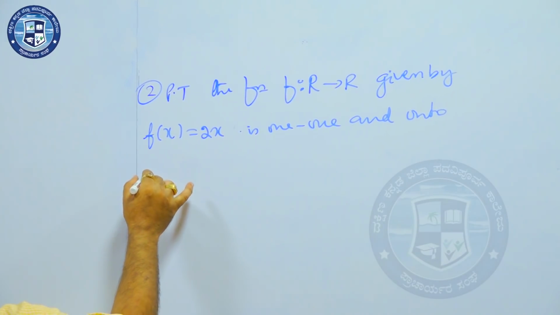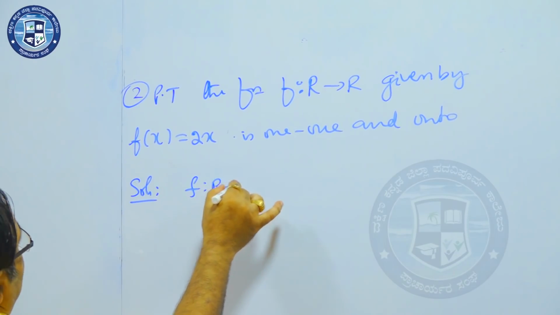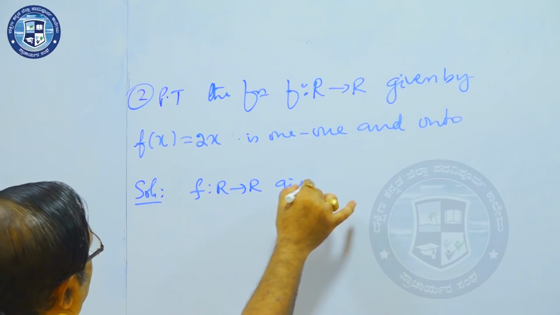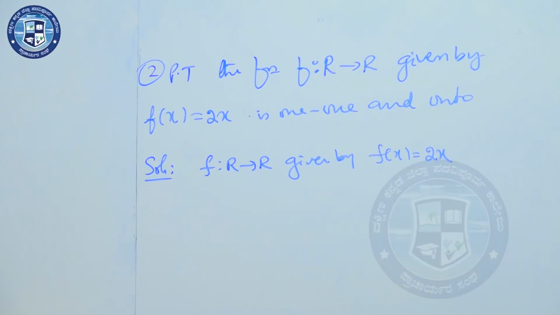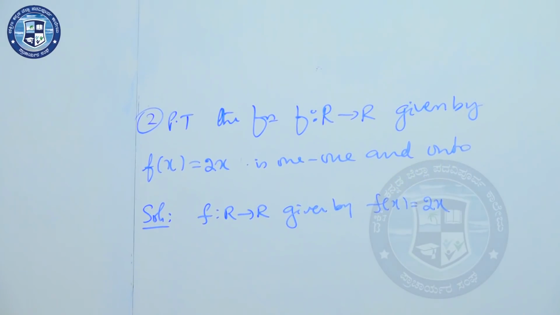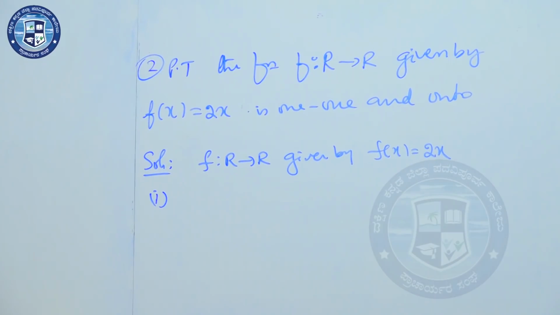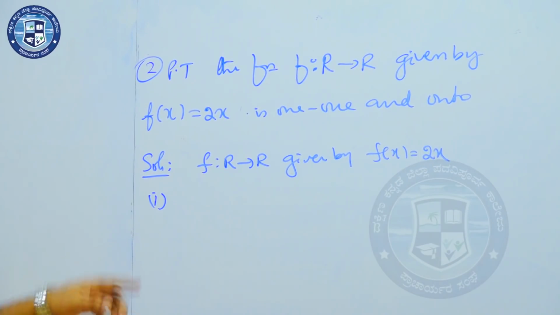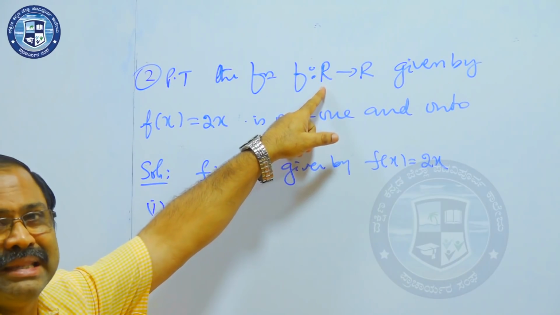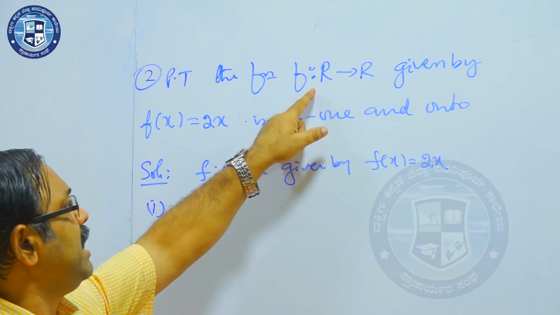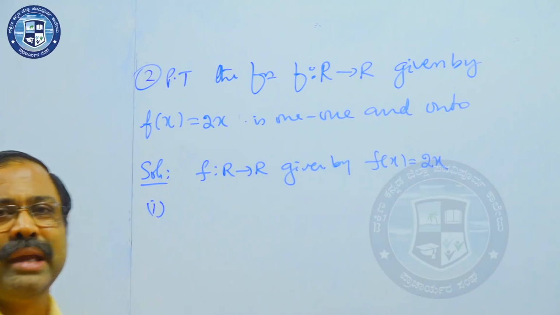Now, first see, they have given f from R to R given by f of x is 2x. Now, tell me, what is 1 to 1? How do you verify 1 to 1? For all x1, x2 of the domain set, f of x1 equal to f of x2 should imply x1 is equal to x2.